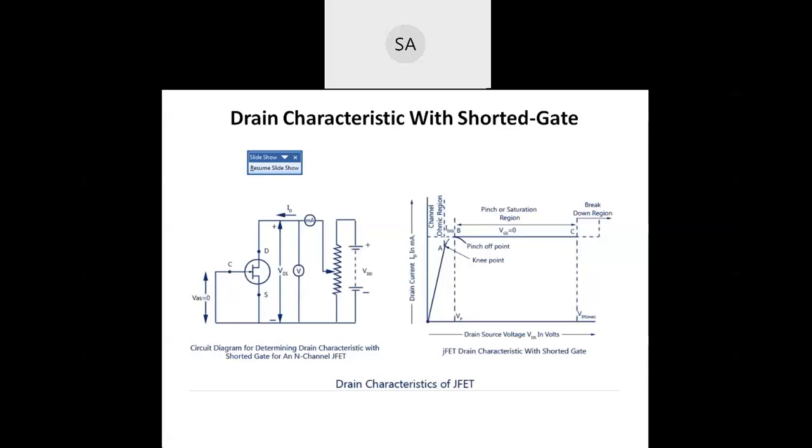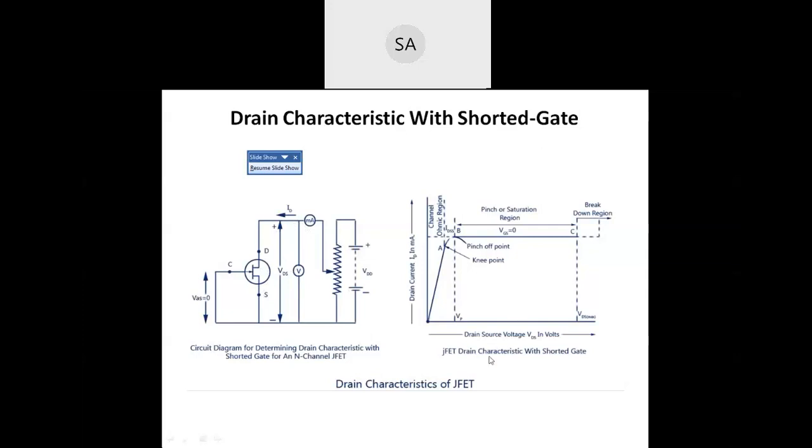Whenever VGS is 0 and we provide the drain to source supply, there is an attraction of the charge carriers from the source to the drain. That means the conventional current will flow from drain to source. Whenever the drain to source voltage increases, the drain current will increase.